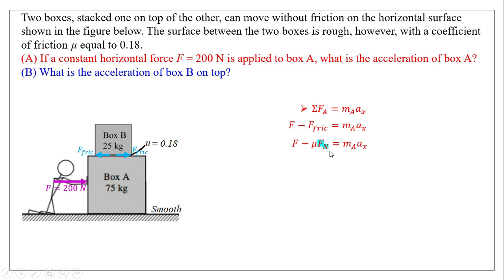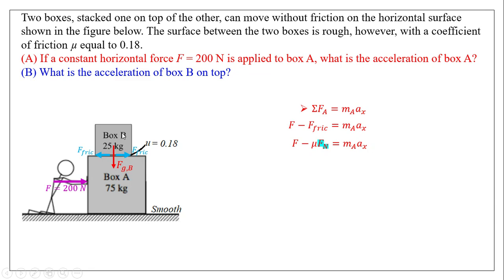But I don't know what F of n is, therefore I need to go ahead and look at this particular system. The frictional force exists between box B and box A, which would suggest that the surface in which box B is sitting on is the top of box A. So the weight of box B is pushing down on box A, which is called F of GB.